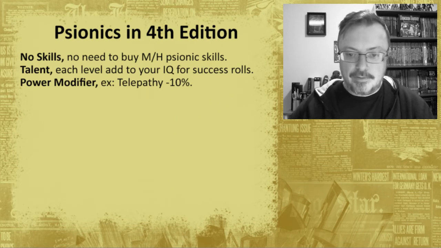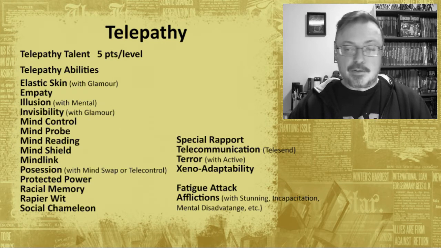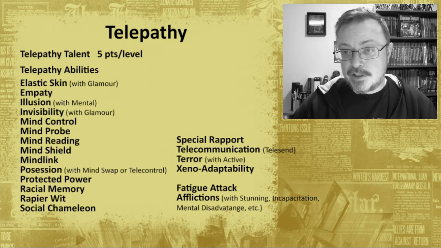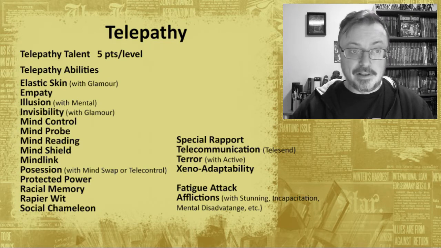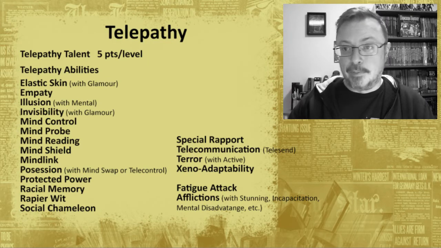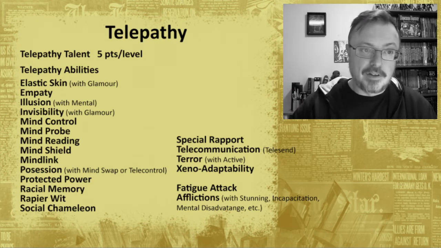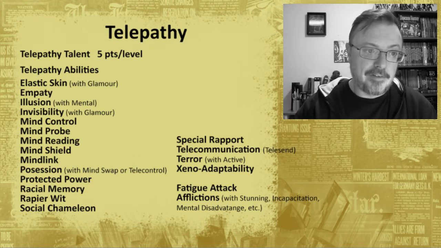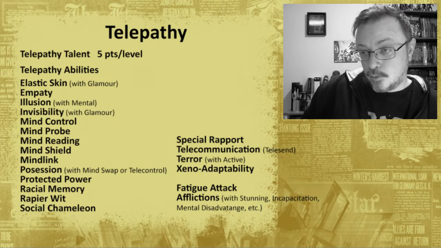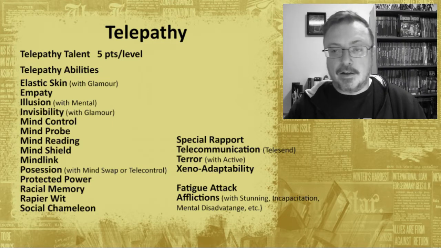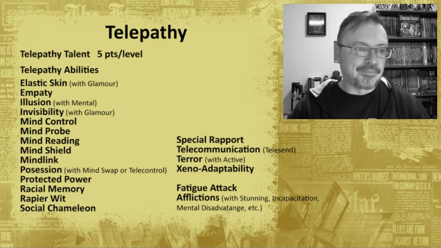So enough with that. A telepathy power, for example, using the GURPS Powers framework would resemble this. It's just a list of abilities. You have the talent above at 5 points per level. This is a bonus to your IQ or will roll when you're using your telepathy powers.